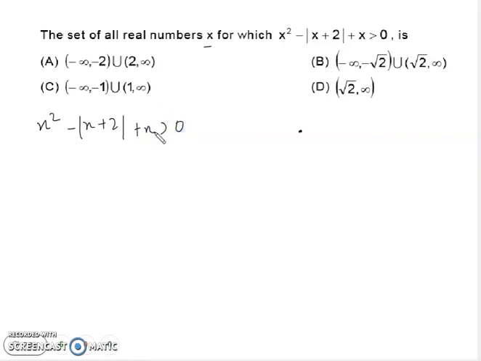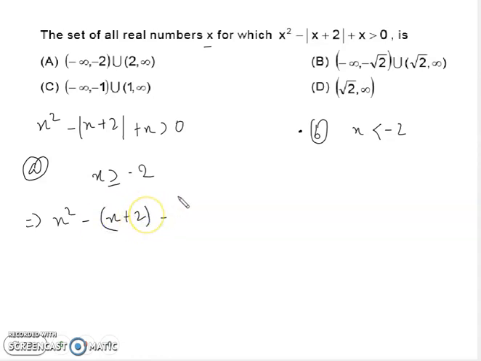We have two cases. The first case is x is greater than or equal to minus 2, and the other case is x is less than minus 2.